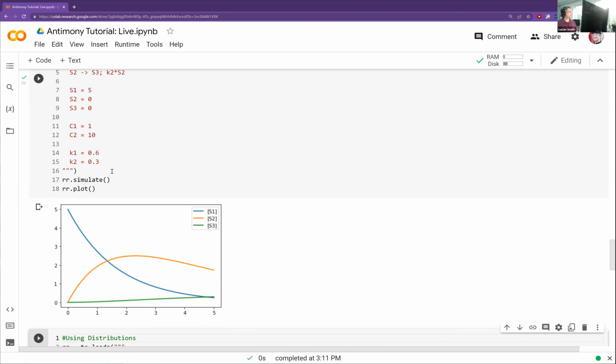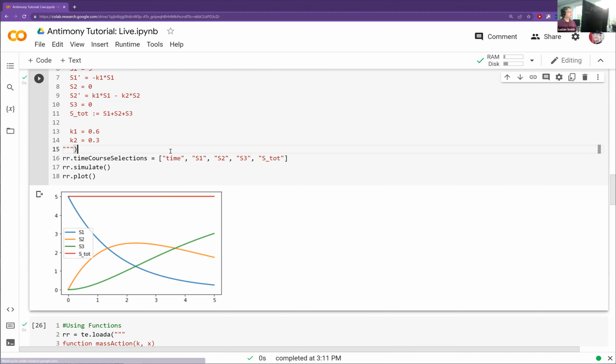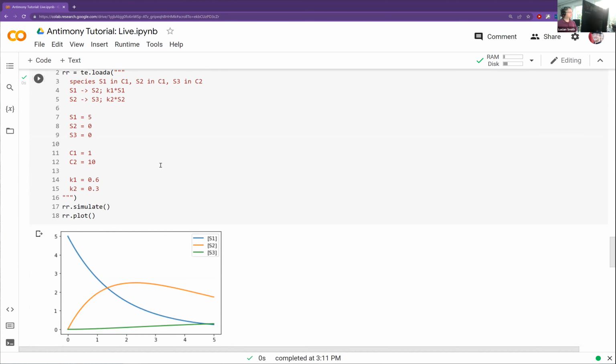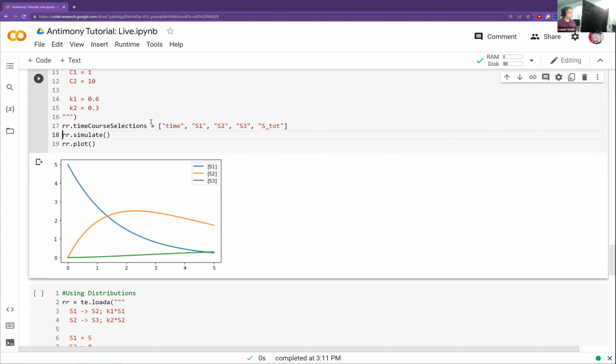Now, if instead, let's see here. Where was I? All right. So if I asked for my time course selections this way, because I don't have the asymptote anymore, you'll notice here that this is S1 and S2 and S3 in square brackets. That means concentration, and by default, that's what it treats everything as.